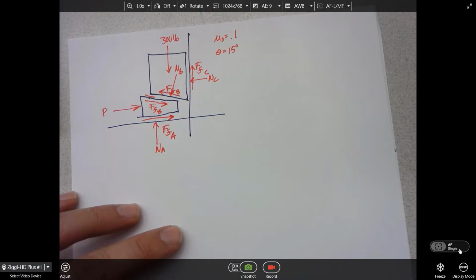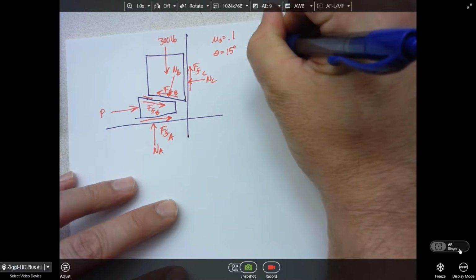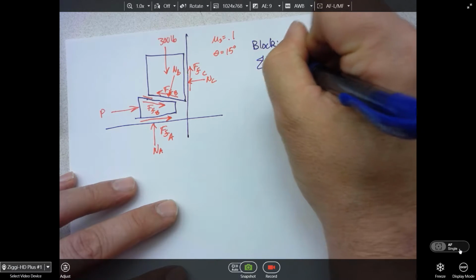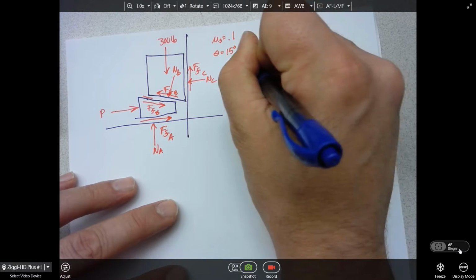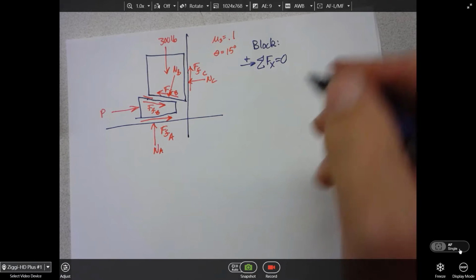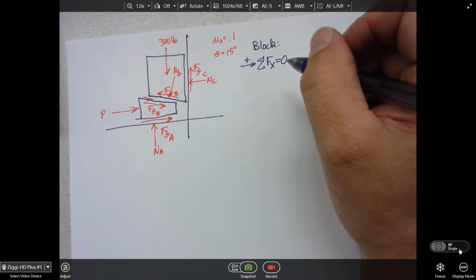So let's try this again. We'll start with the block first. Sum of the forces in the x has to be equal to 0. What do I have acting in the x? Part of the normal, which normal?